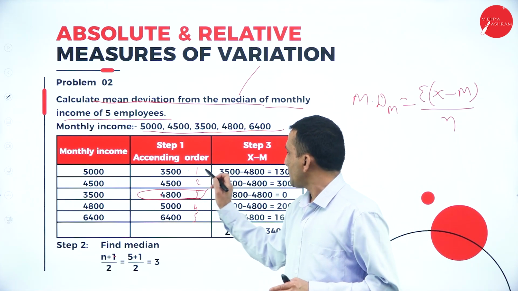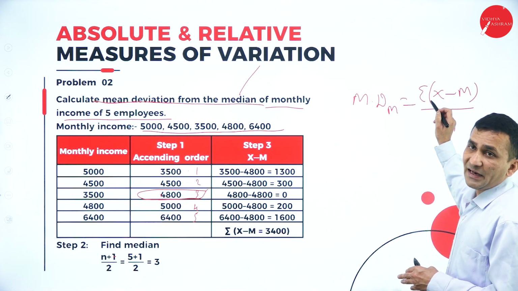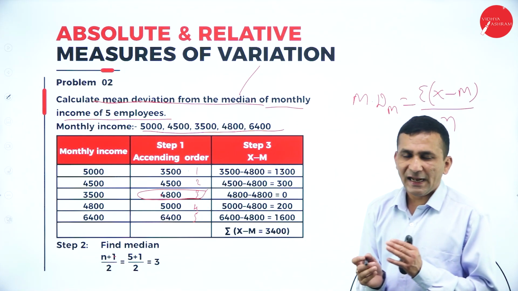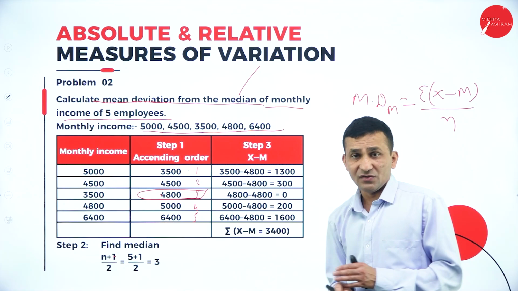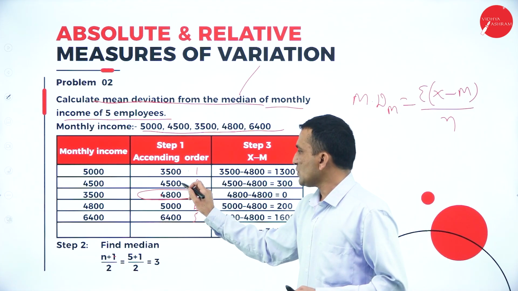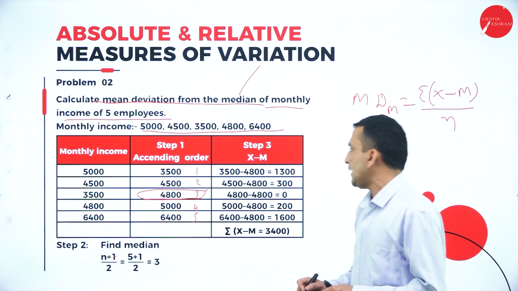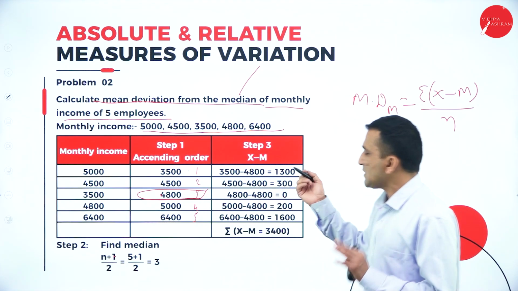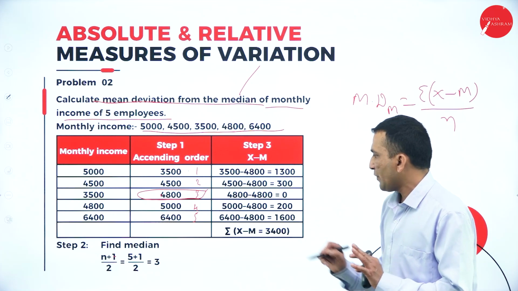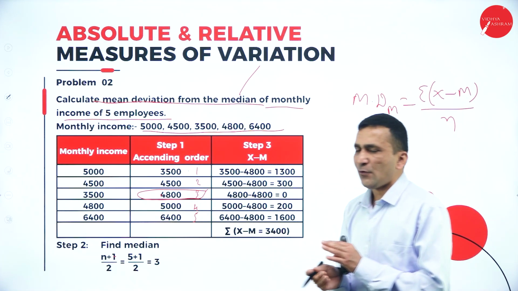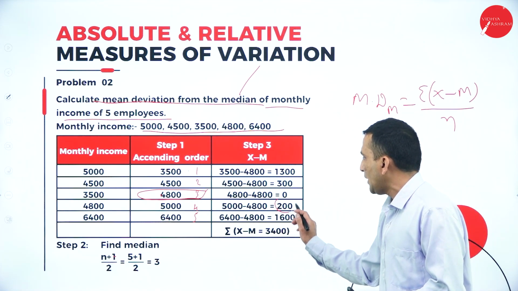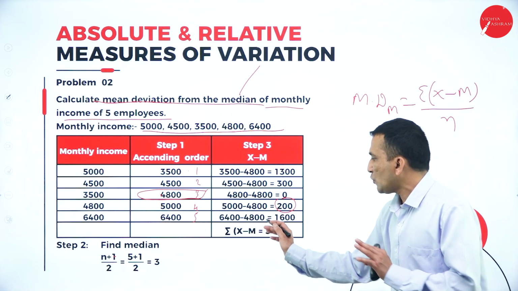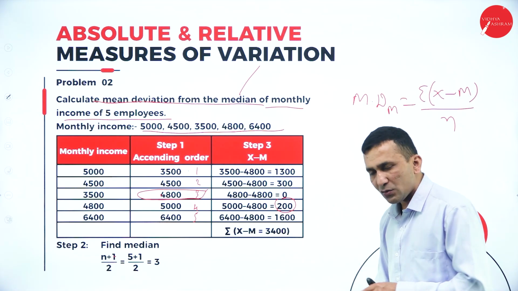Now we subtract: 3500 minus 4800 gives 1300. 4500 minus 4800 gives 300. 4800 minus 4800 gives 0. 5000 minus 4800 gives 200. And 6400 minus 4800 gives 1600.